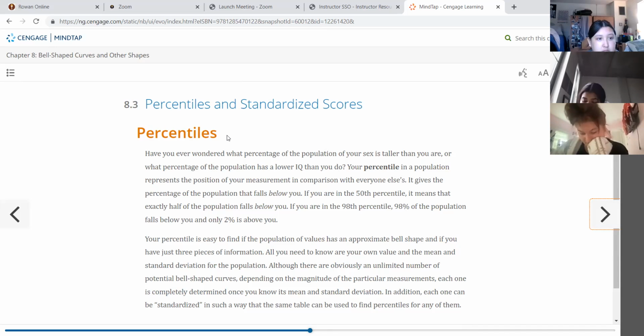What that means is that 60% of the people taking the SAT scored less than 500. That's what it means. There's no other meaning to it.